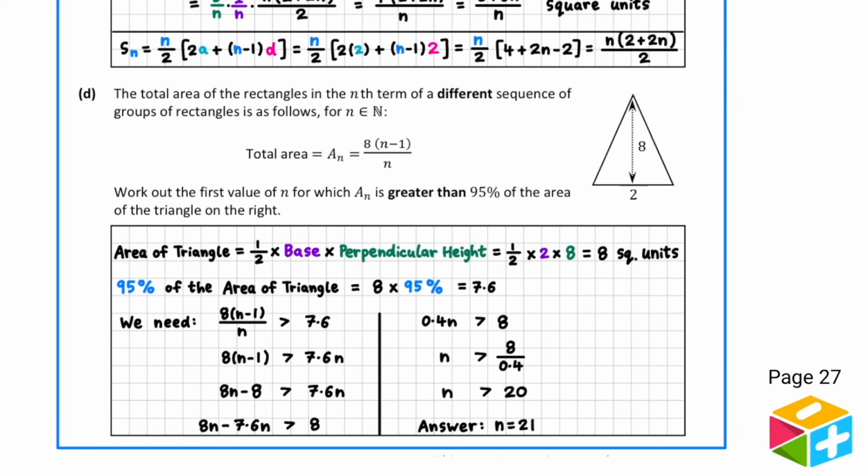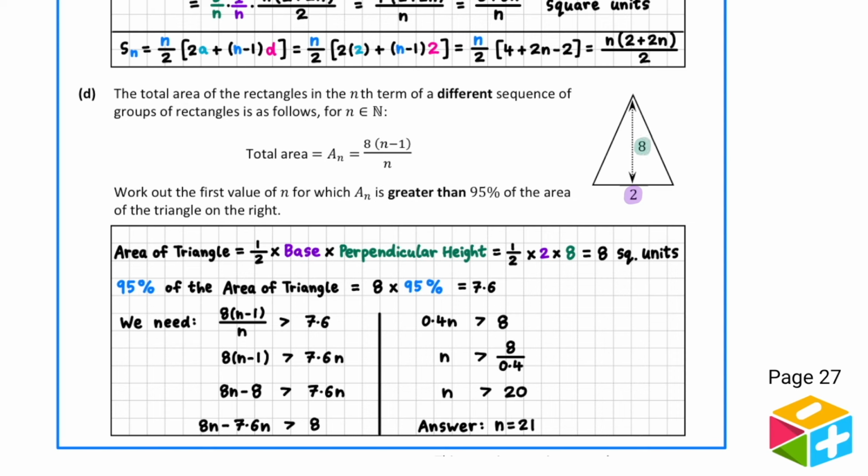Well, there's a formula which says the area of a triangle is a half times the base times the perpendicular height. Our triangle has a base of 2 and a perpendicular height of 8.